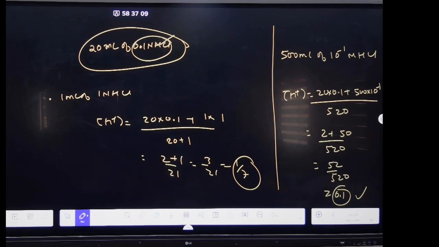1 mole of ammonia was completely absorbed in molar solution of 1 molar HCl and... Decreasing order of the pH of the resulting solution they are asking. Okay, how to find it? See here.